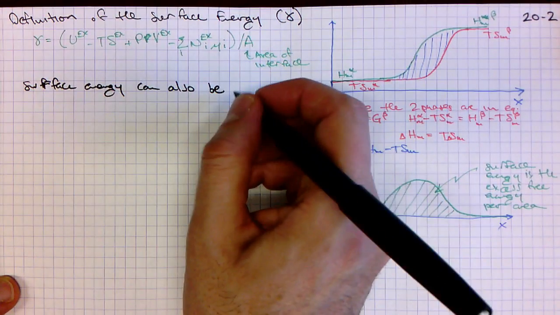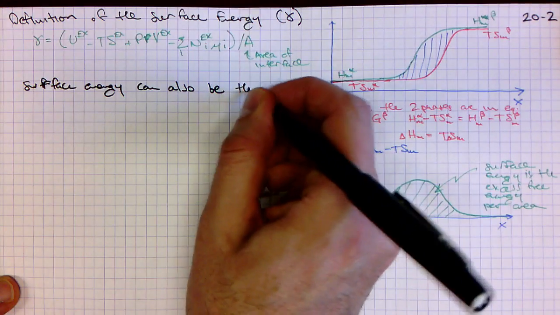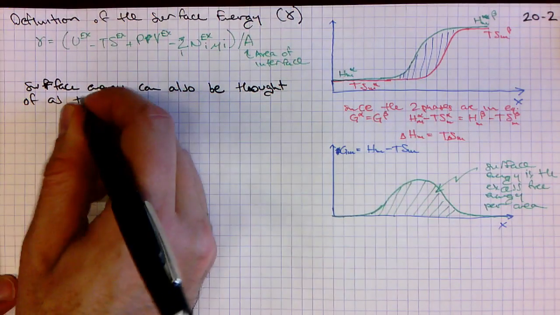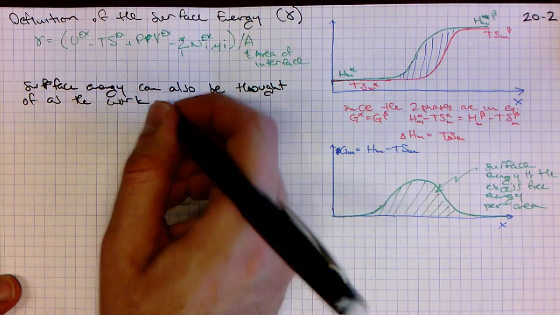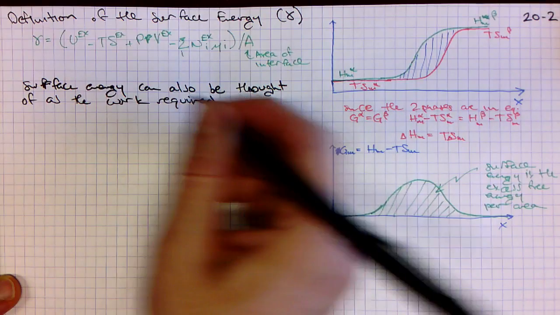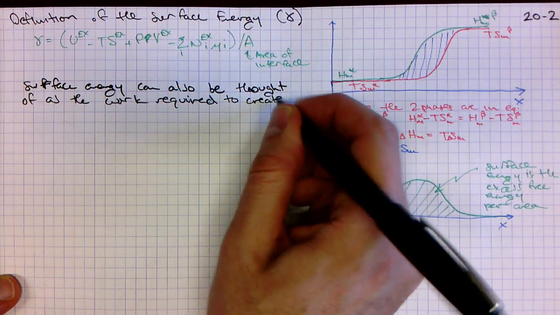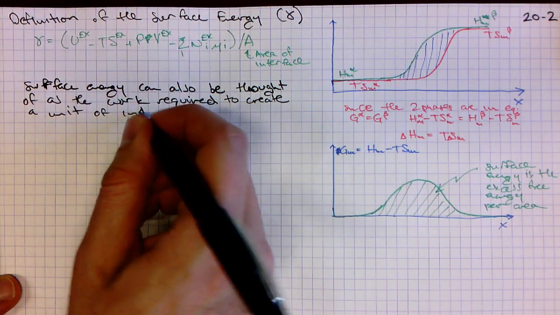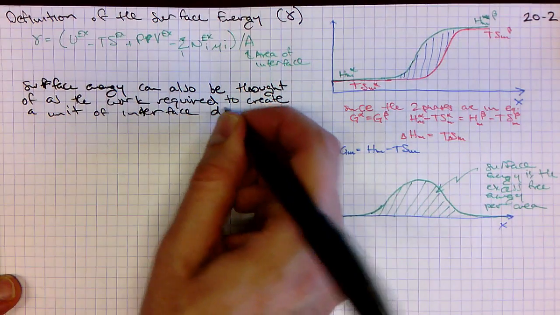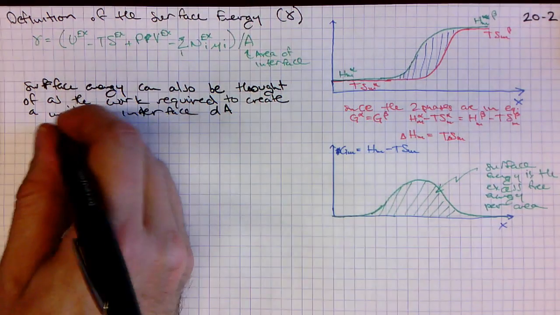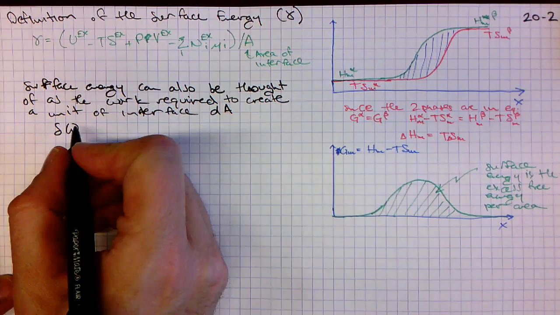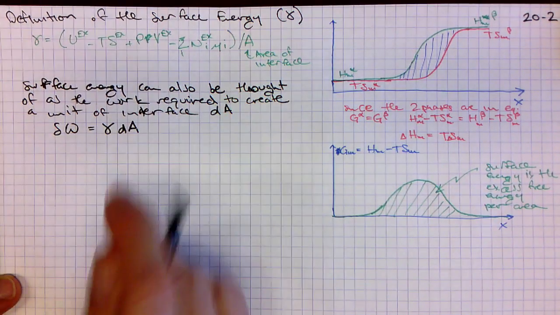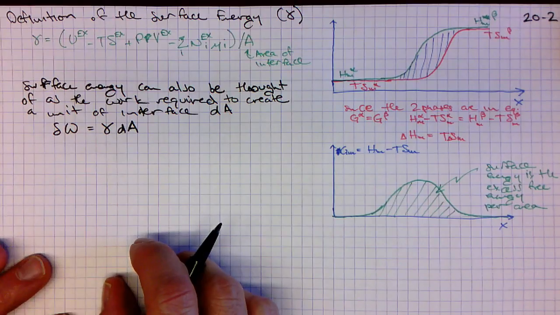Another way of thinking about the surface energy is to think about it as the work required to create a unit of interface dA. So we can think of it as a relationship between an amount of work done, and that's equal to a surface energy times an amount of area created dA.